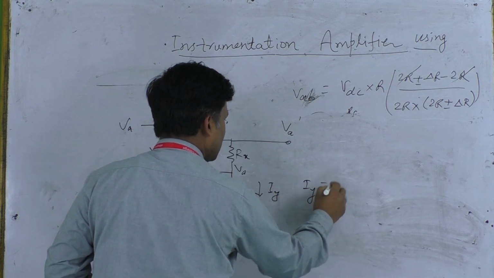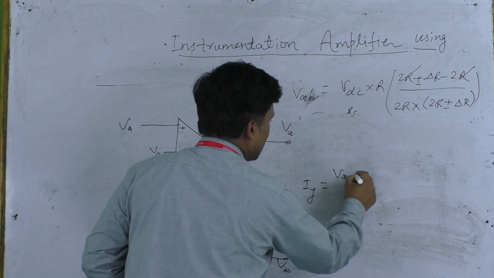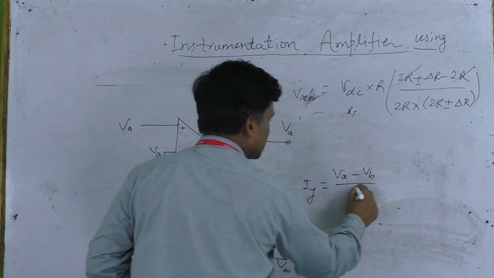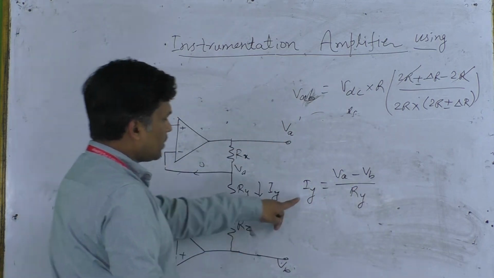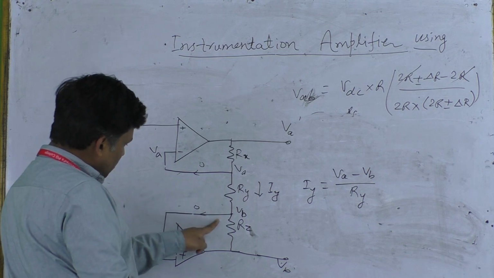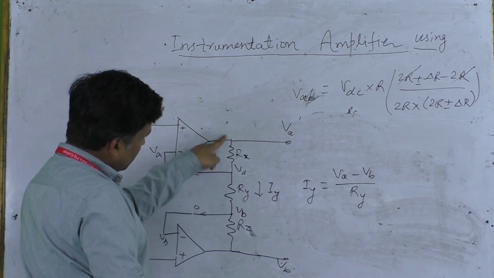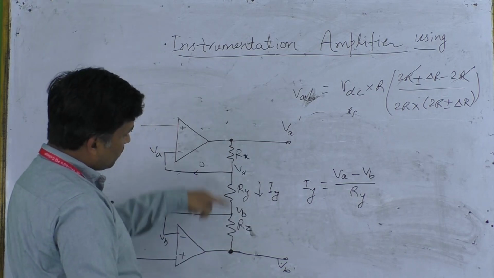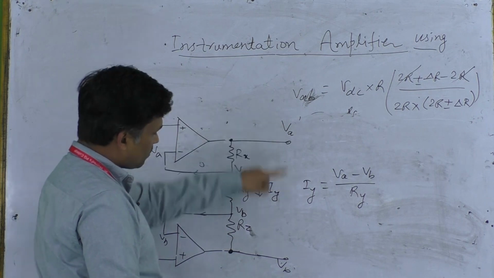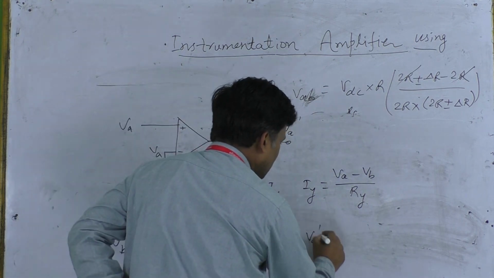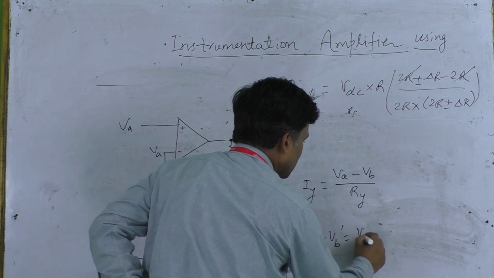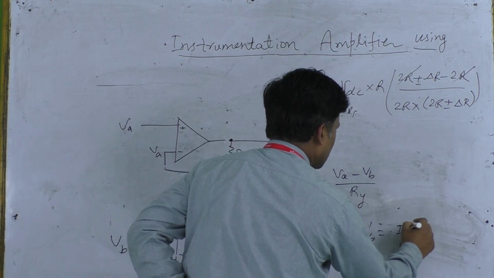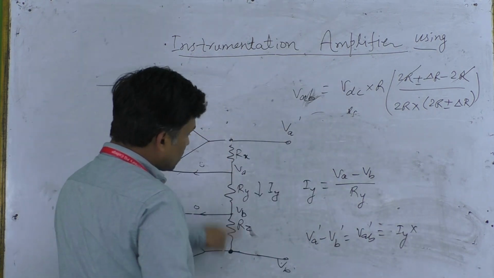So what will be the value of Iy? It will be simply equal to Va minus Vb, the voltage difference between these two terminals, divided by this resistance Ry. So this will be the current. As the current will not go through this branch, the whole current will travel from this particular point to this point. And therefore the difference between voltages across these 2 points, that is Va dash minus Vb dash, will be equal to this Iy, as it remains the same through this branch, from this terminal to this terminal.